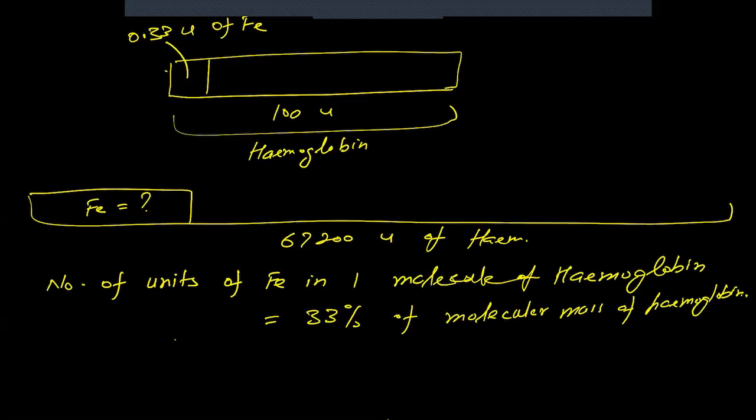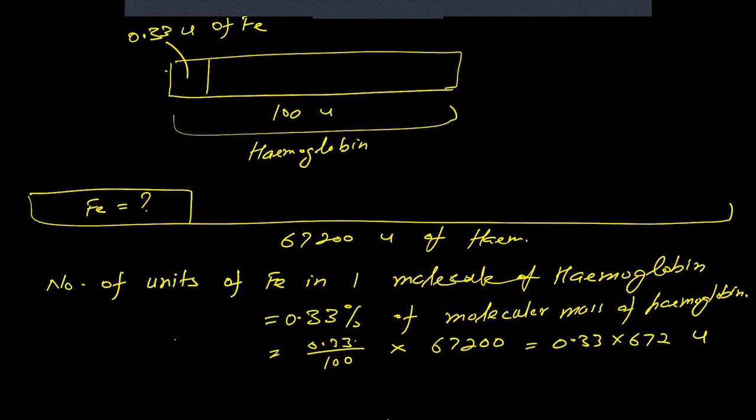Molecular mass is represented in terms of units. How many units total? 67,200. It will be 33% of, sorry, 0.33, not 33, okay? 0.33% of means 0.33 divided by 100, of means multiplication, total units in the molecule. It will be 0.33 into 672 units.